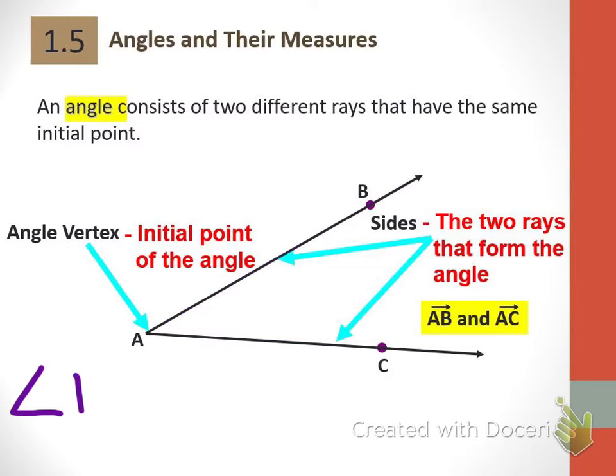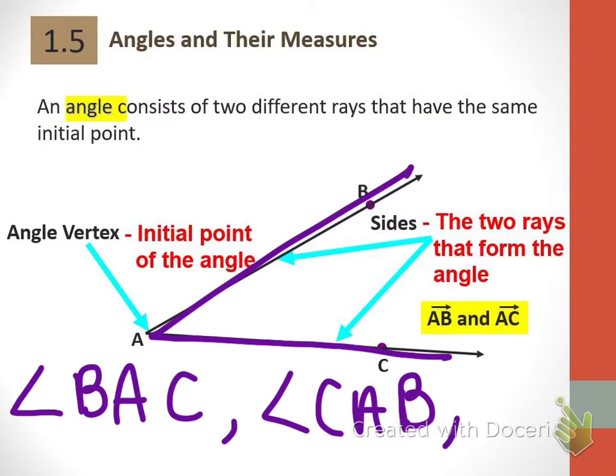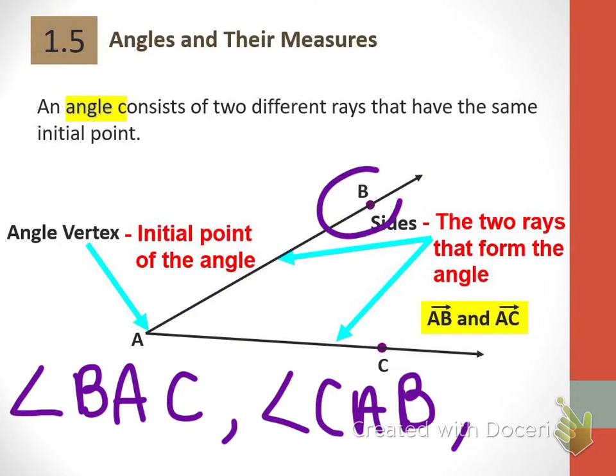So that's one way to name it, BAC. The other way to name it, you could have done CAB. Can it be ABC? It cannot, because we don't draw it that way. ABC would mean that the vertex was B, because the center letter is the vertex.